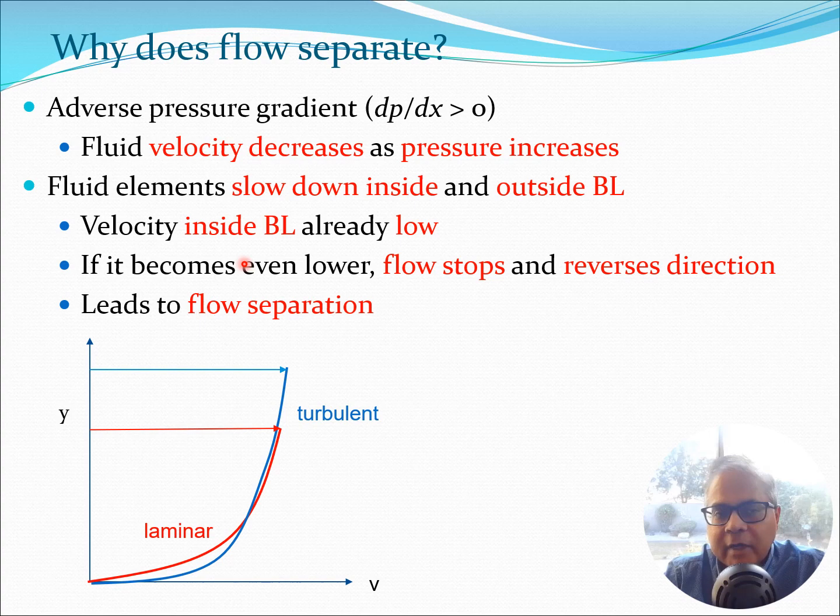At a certain point, the flow near the surface is going to come to a stop and effectively reverse direction, and so you are going to get flow separation. So flow separation is intimately tied to what happens inside the boundary layer, and the fact that at the wall, or at the surface of the body, the velocity is very small is something which plays an important role as far as flow separation is concerned.